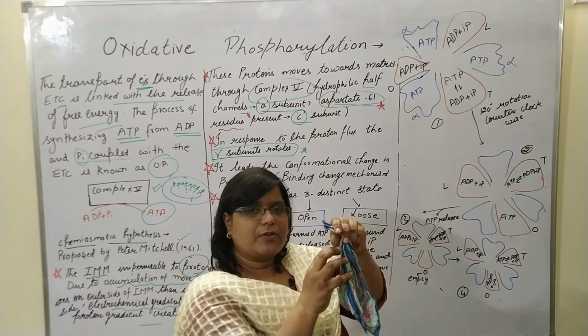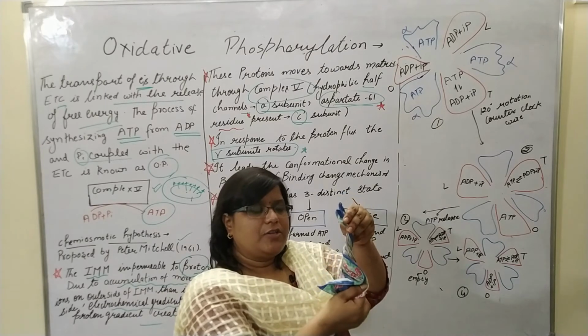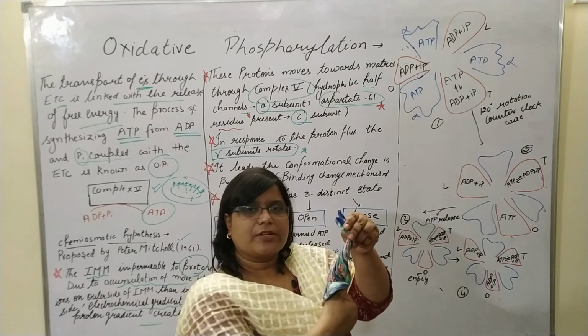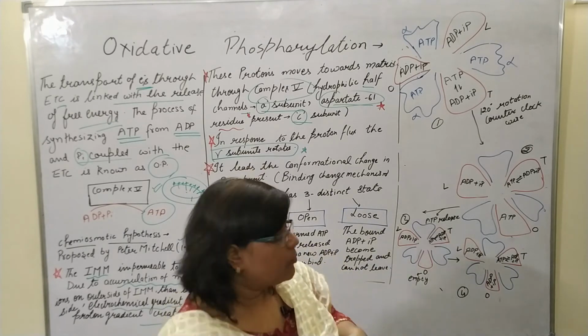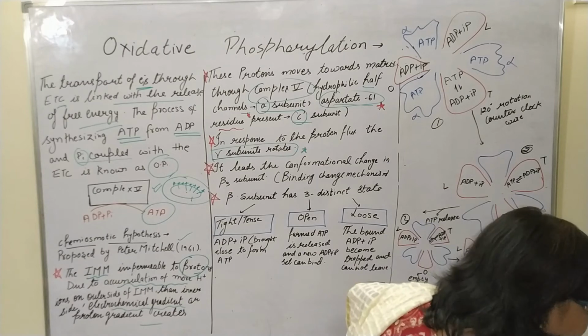When the gamma subunit present in the stalk rotates, the beta subunits undergo conformational changes.